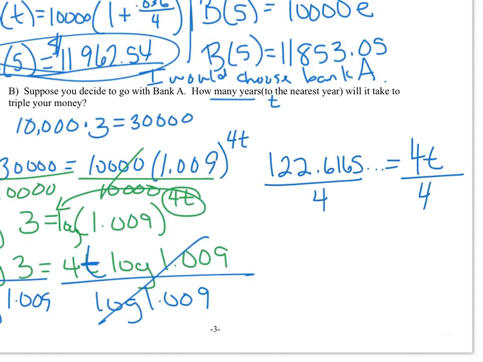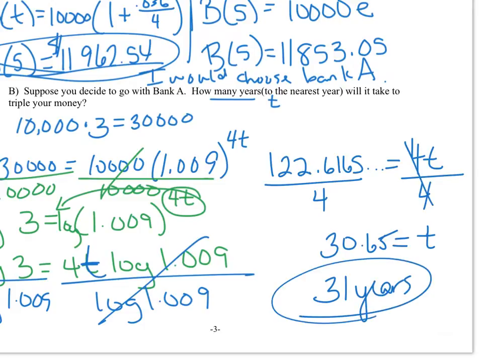Divide by 4, and t equals 30.65. So to the nearest year, that would be 31 years. That's a long time to wait. Should go out and do something.